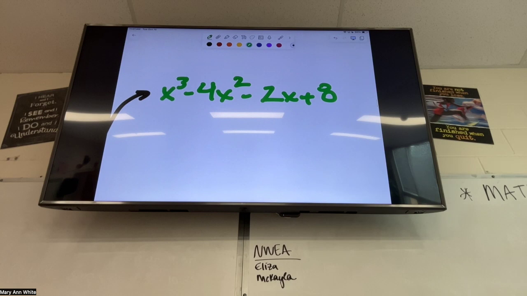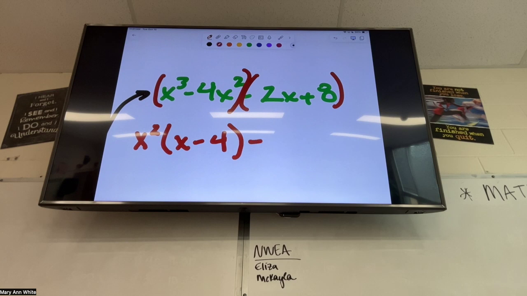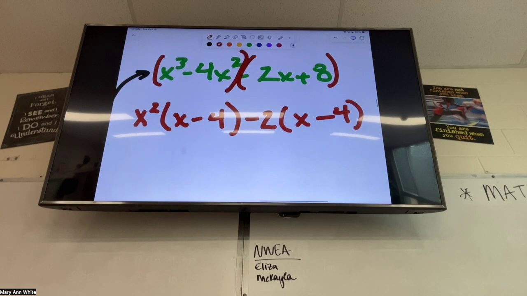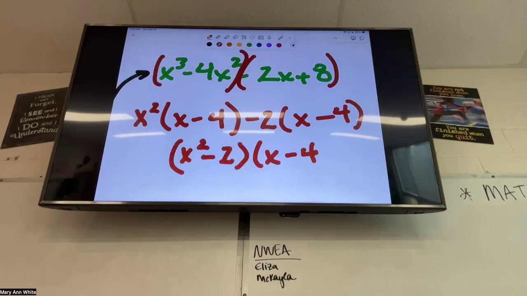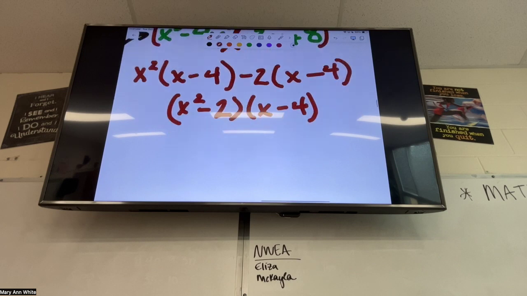Grouping is factoring. Grouping's a type of factoring. So Avery says we can group it. Let's group it. Take out my GCF from each one. Now that I've grouped, what do I do with this? Equal it to 0. Good. Set them equal to 0.